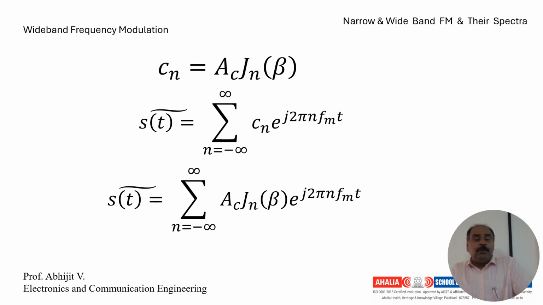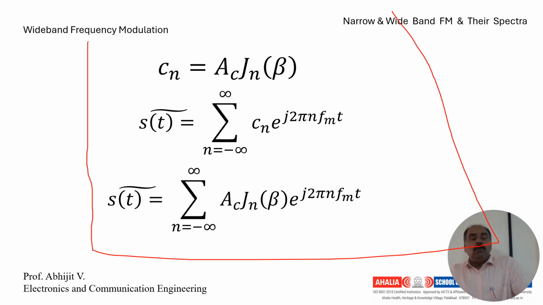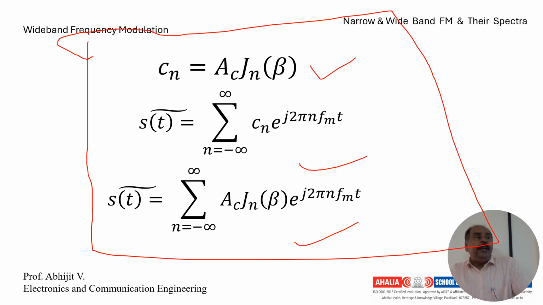So these are the important equations that you have to remember. What is Cn? On substituting the value of Cn in S tilde of t, you get S tilde of t equal to the sum from n equals minus infinity to infinity of Ac Jn of beta e raised to j 2 pi n fm t.